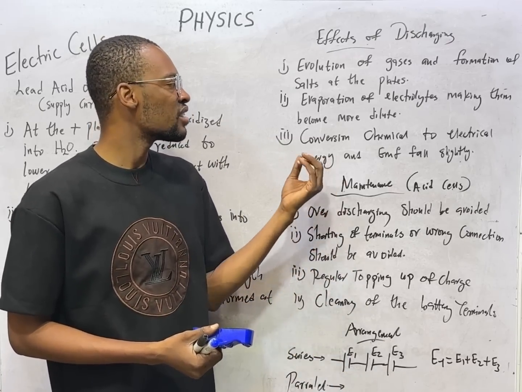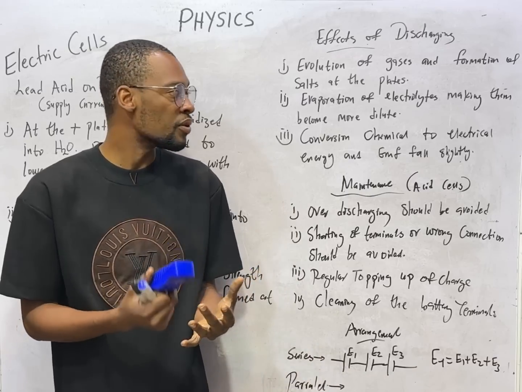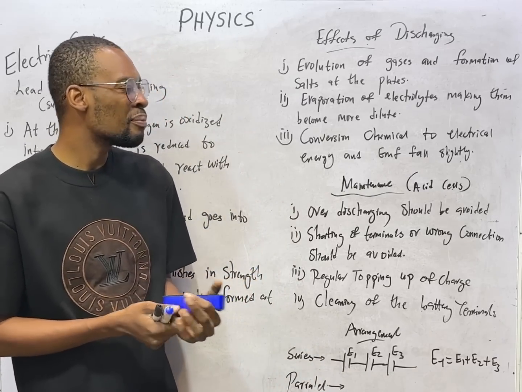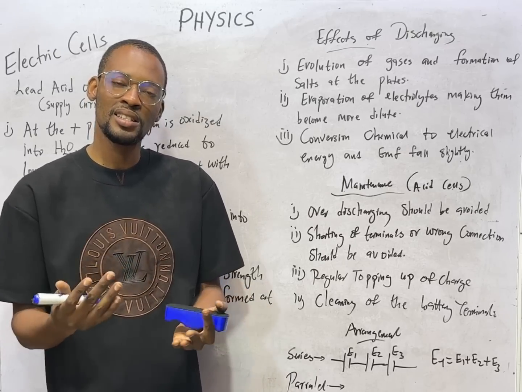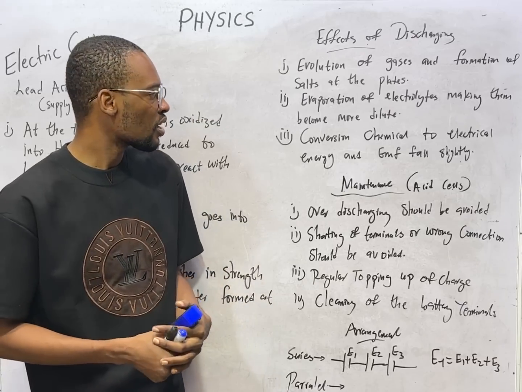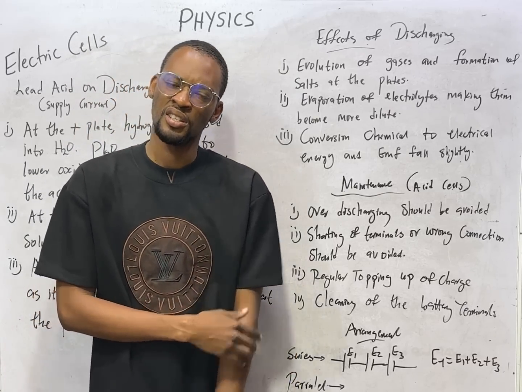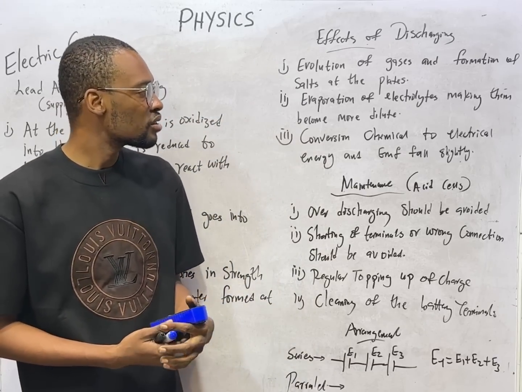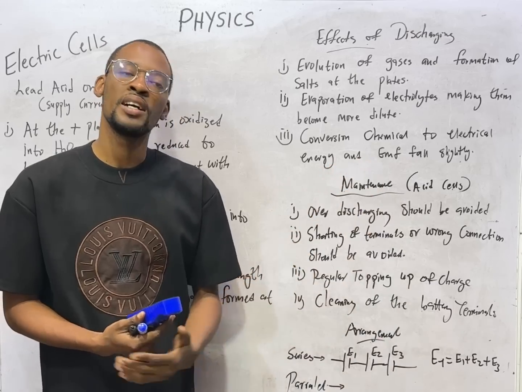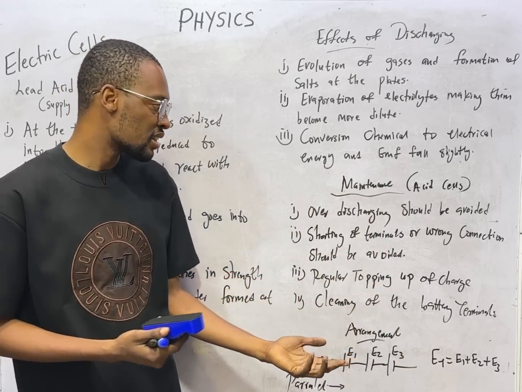And there is evaporation of the electrolytes. As the electrolyte evaporates, it becomes more and more dilute, meaning it is getting less concentrated. And there is conversion of chemical to electrical energy, which is basically the function of the cells. And as such, EMF will begin to fall slightly.